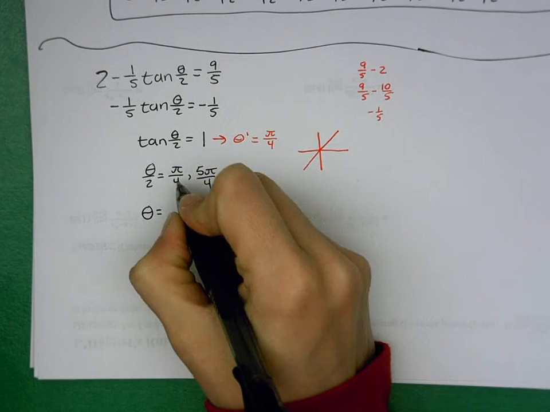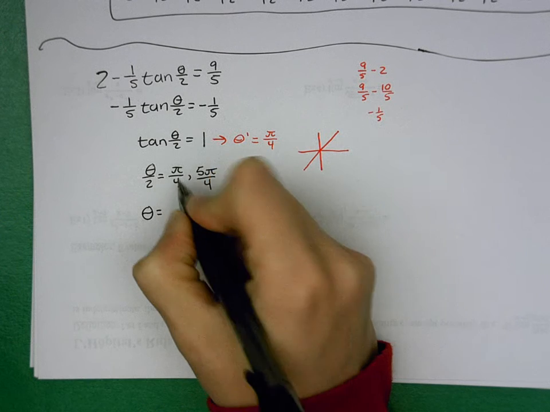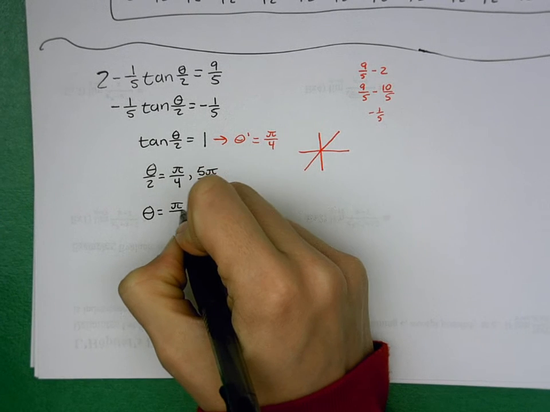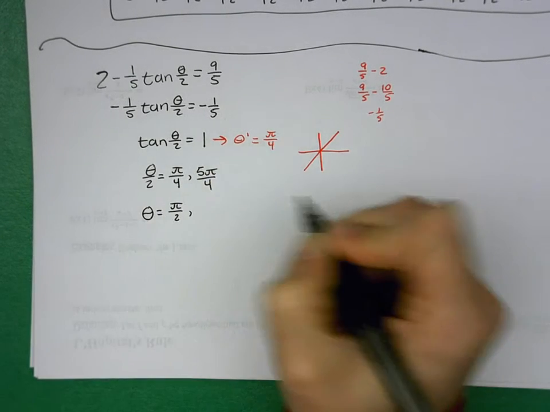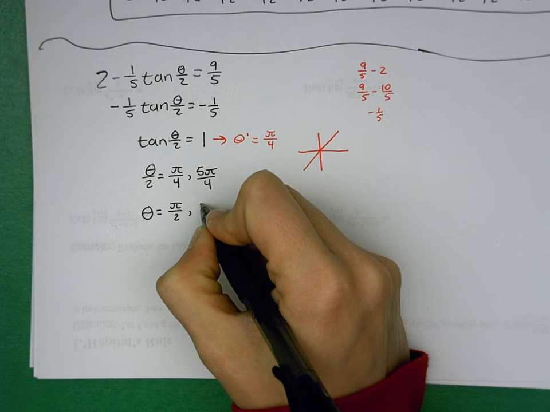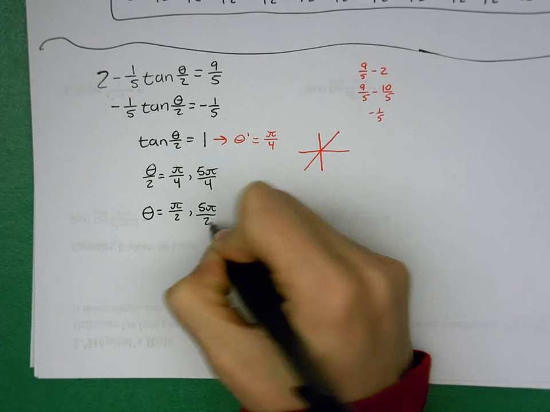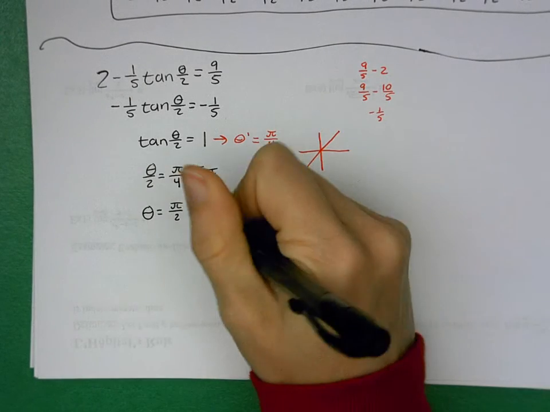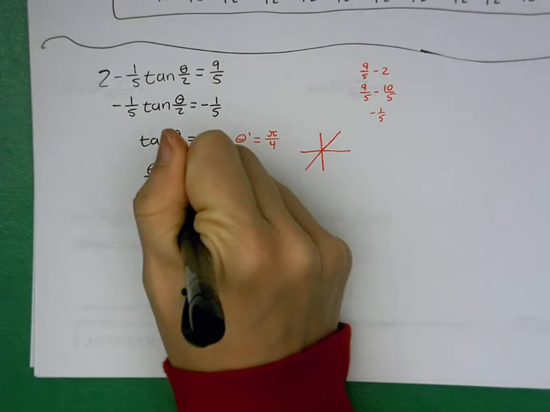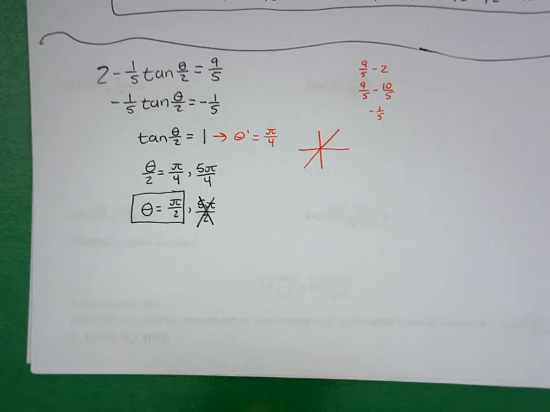So multiplying 2 to the pi over 4 would be 2 pi over 4, or pi over 2. And multiplying 2 to the 5 pi over 4 would be 10 pi over 4, or 5 pi over 2, which is outside of that restricted domain, like I said earlier. And so it would give us one answer of pi over 2.